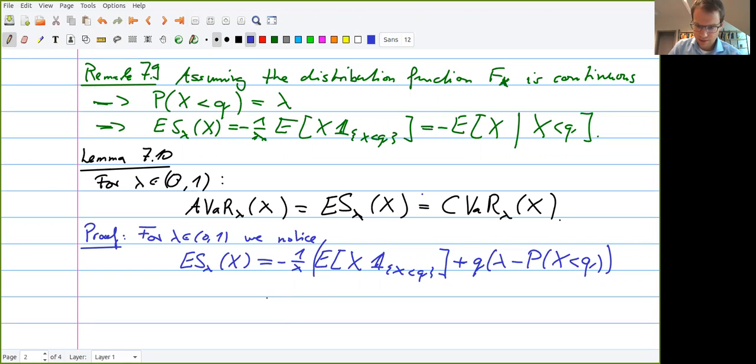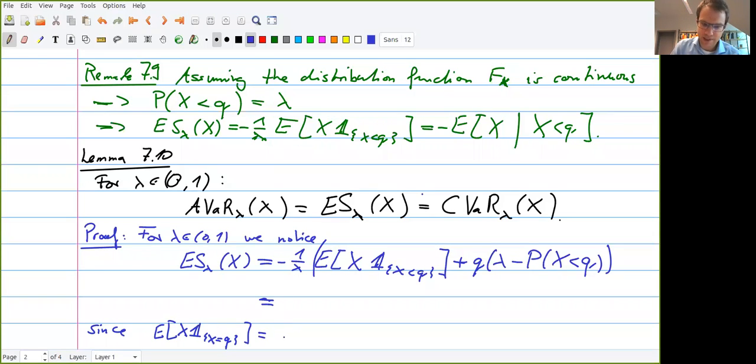And now this is equal to, let me give you, what we observe as well is the expected value of x being equal to q, so x times the indicator function that x is equal to q.